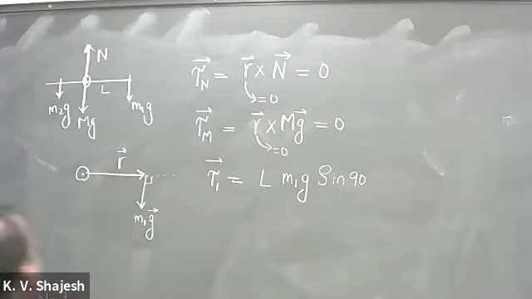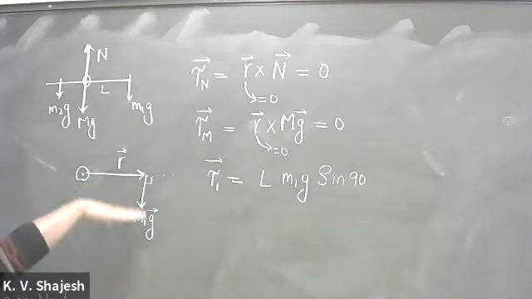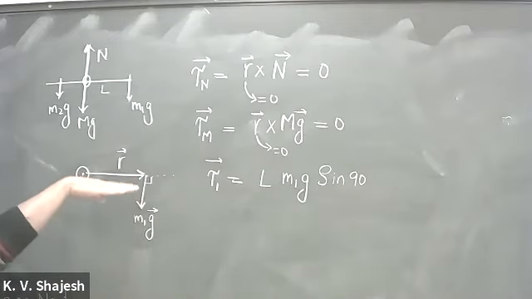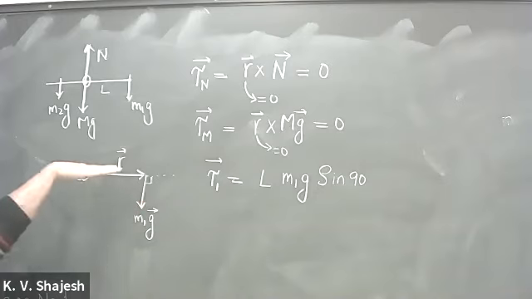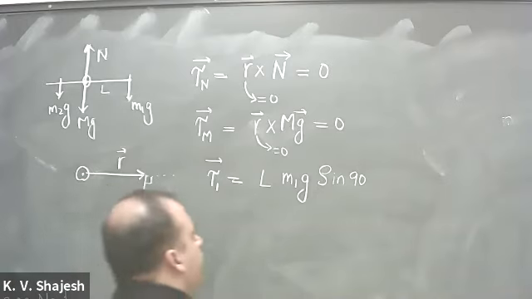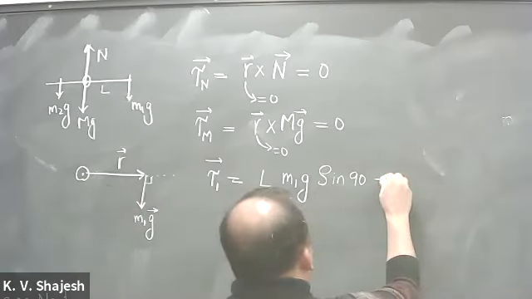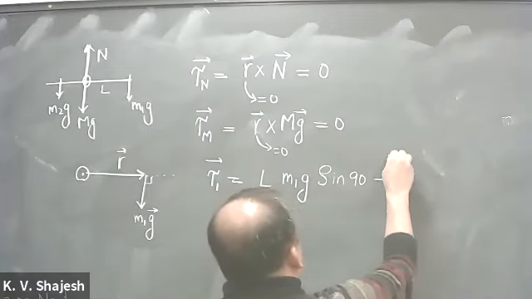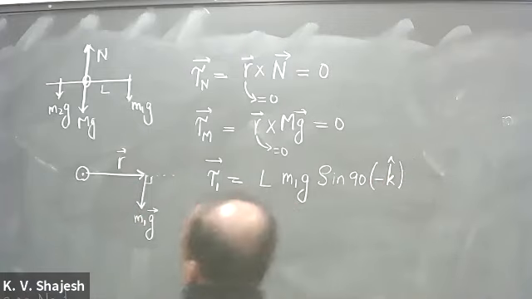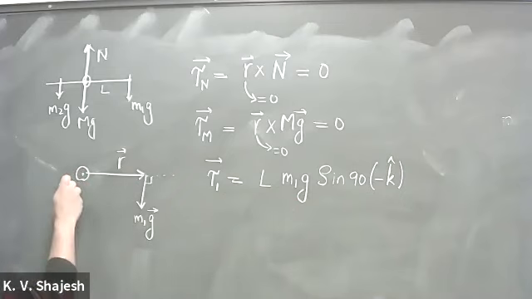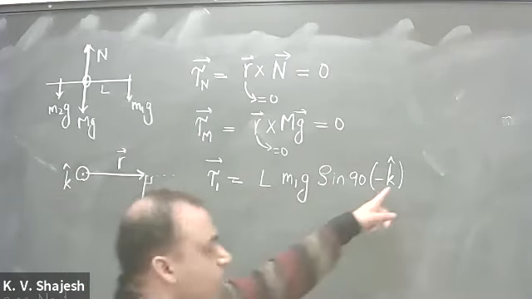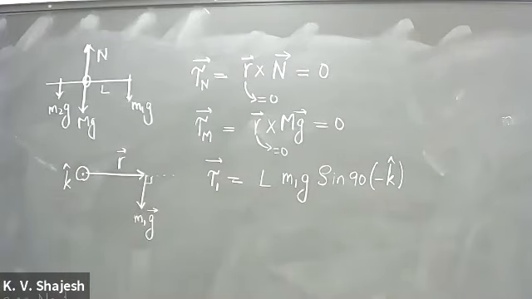And now the direction. You point your fingers in the direction of R, your palm is pointing along M1g, and then you open the thumb, and it's going into the board. So that's minus z, let's say, so that's minus k hat. K hat is the direction of the axis coming out of the board, so this is minus k hat.